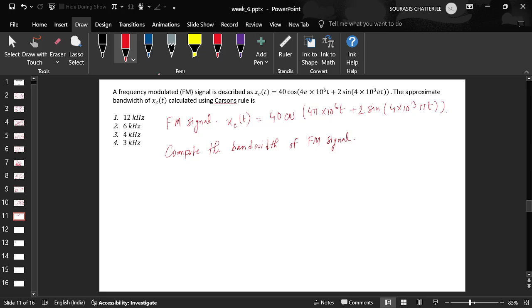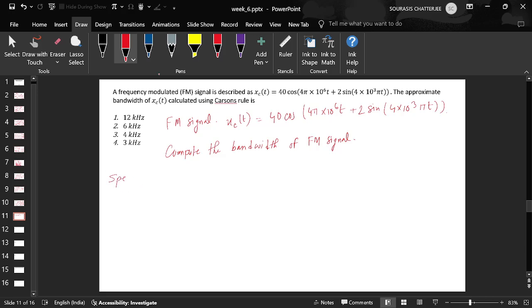When we plan to compute the bandwidth of any signal, we need to see the frequency domain representation of the signal, right? Only then can you find what region in frequency it is going to occupy, and that is its bandwidth. And what is this frequency domain representation called? It is called the spectrum. So we first need to look for the spectrum of the FM signal.